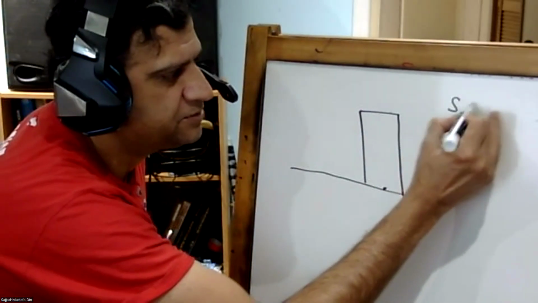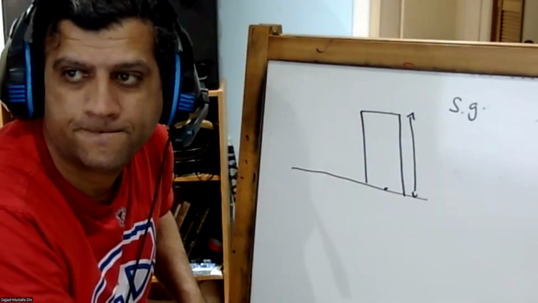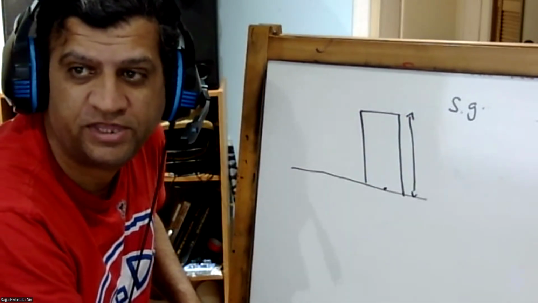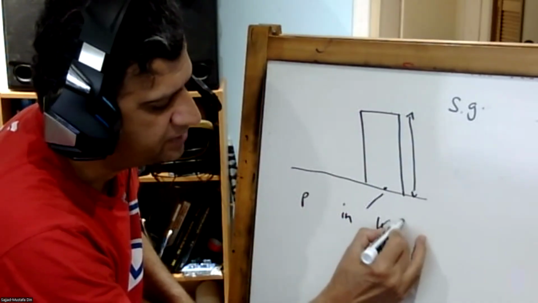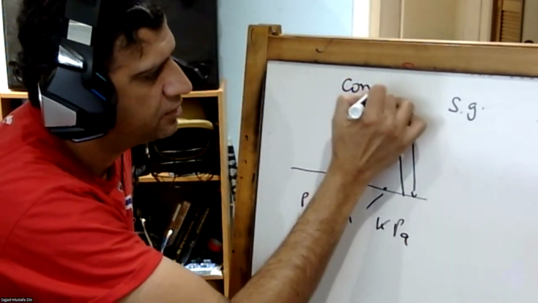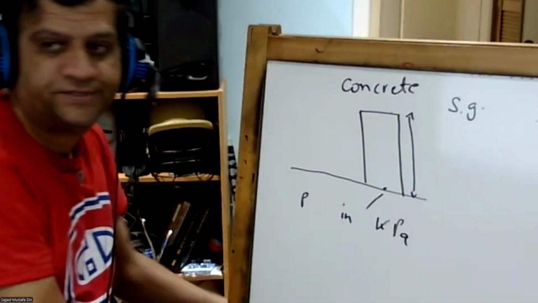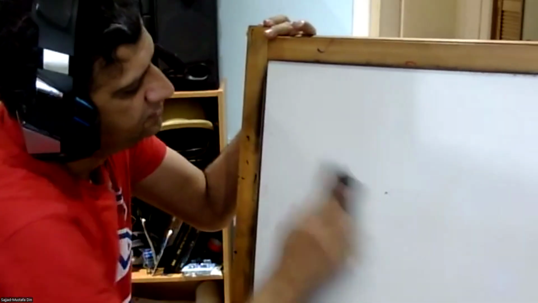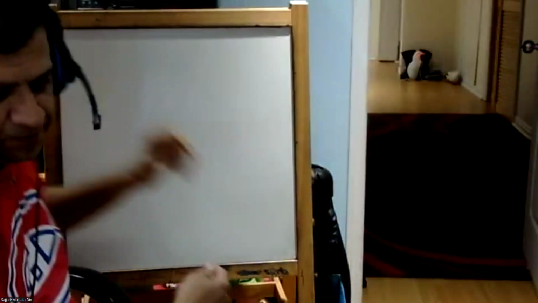You'll be given the specific gravity, you'll be given the height, you'll be given additional information as well, which you're going to ignore. And you want to find the pressure at the bottom in kilopascals. We've actually solved a few of these already. So as long as you can solve these questions, or similar ones, you should be good for the test.